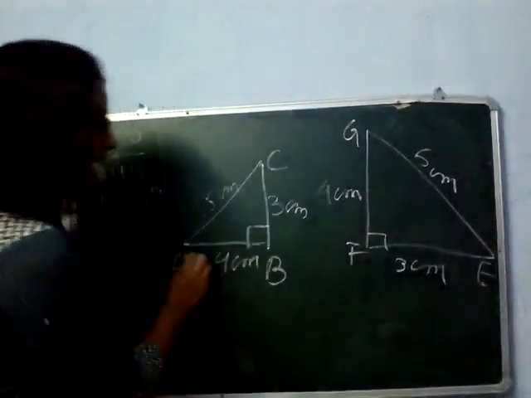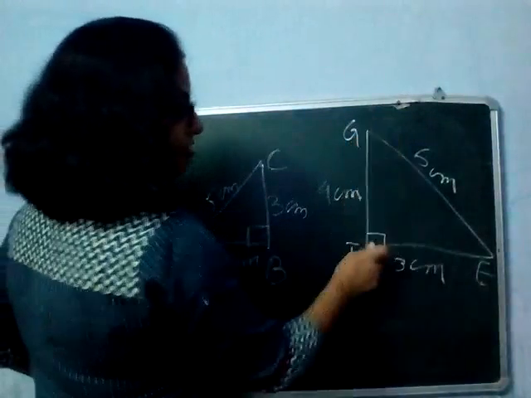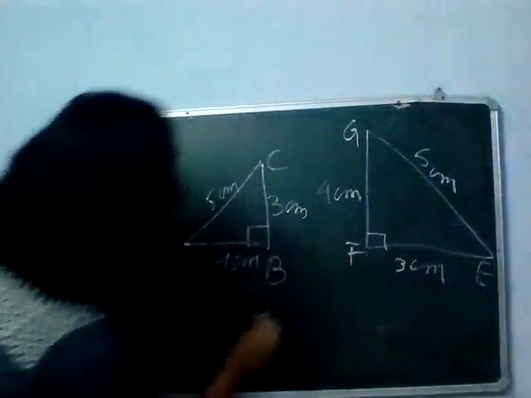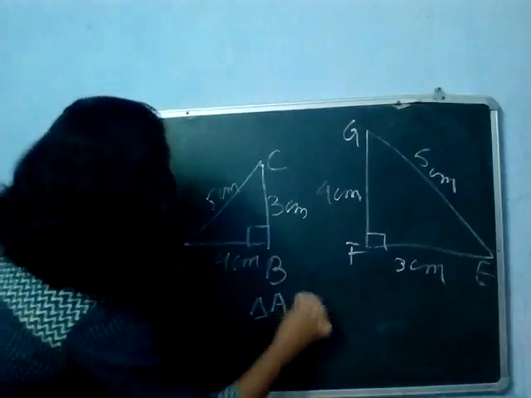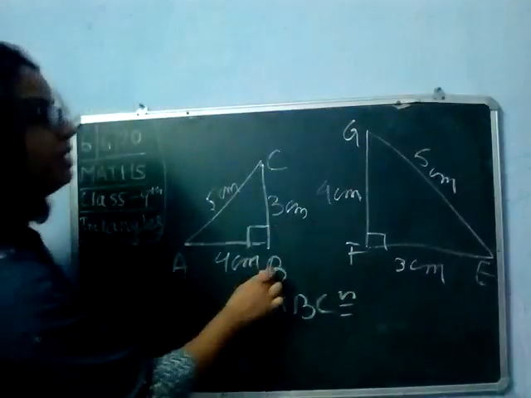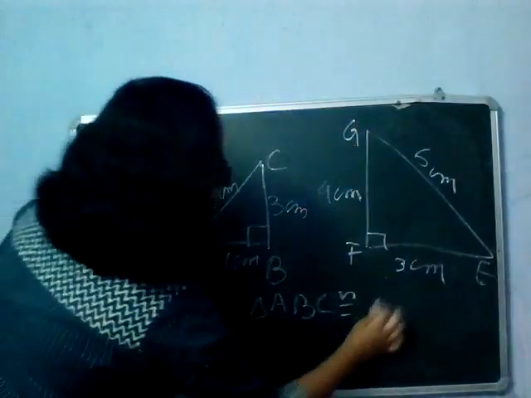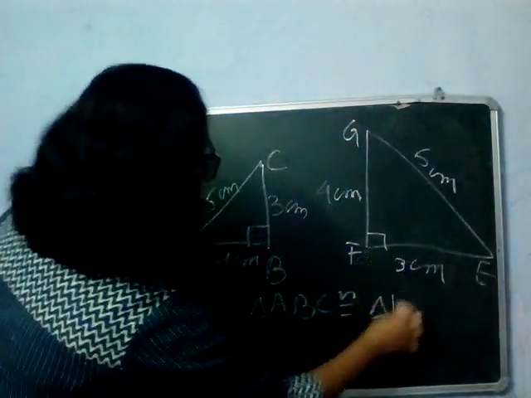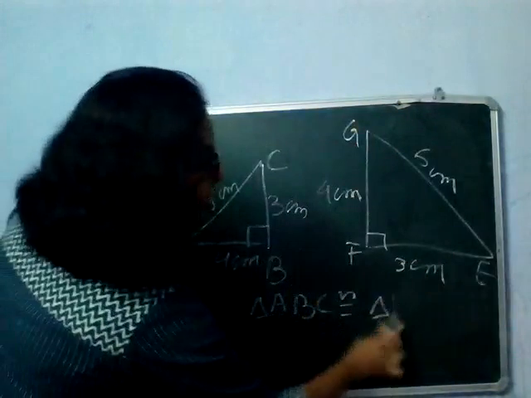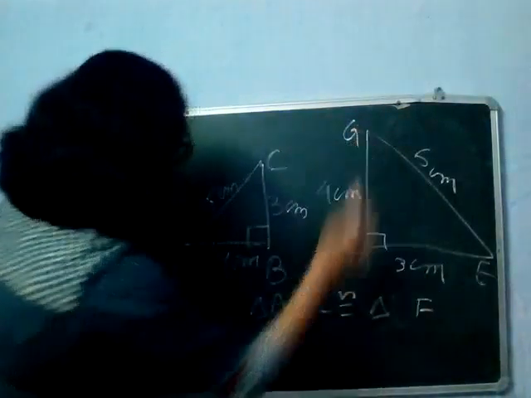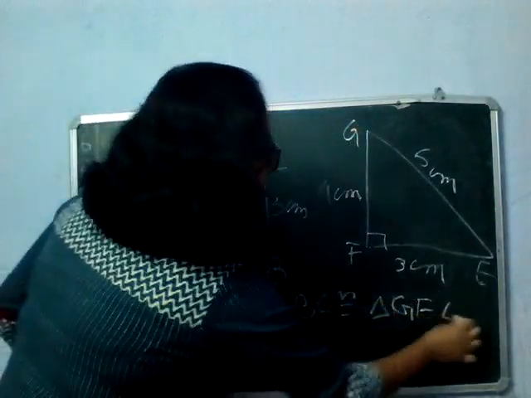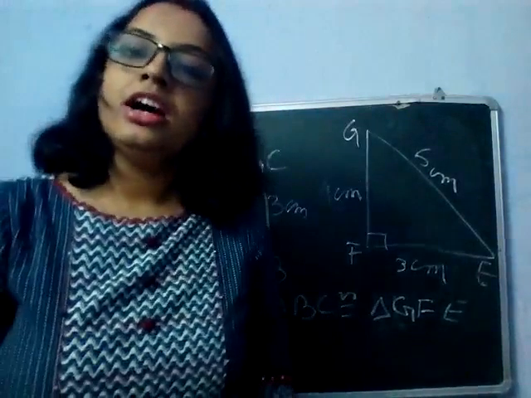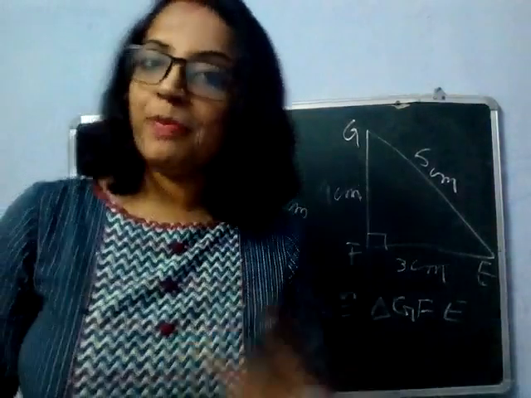Here we see that AB is 4 centimeters and FG is 4 centimeters, and BC is 3 centimeters and FE is 3 centimeters. So triangle ABC is congruent to triangle GFE, with the 90 degree angle at B corresponding to F. This is the way to denote two triangles as congruent, because we need to mention CPCT. We have to keep in mind the corresponding parts of the congruent triangles.